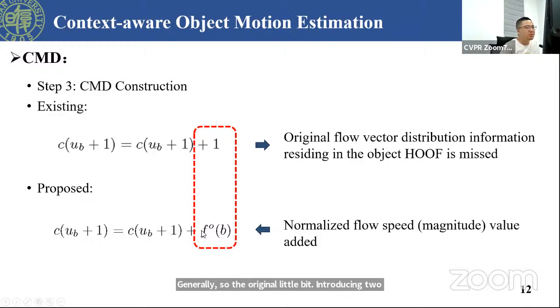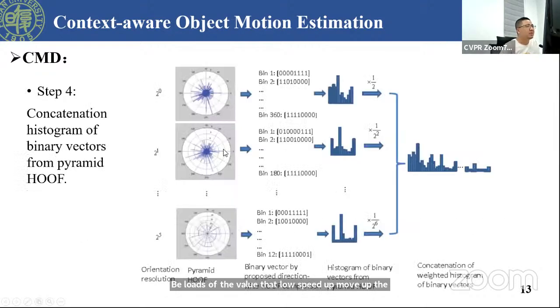But now we use the normalized flow speed value to generate the histogram, which can more accurately denote the flow speed, the flow magnitude value in this rectangle box. The last step, step 4, is the concatenation histogram of all the binary vectors from a pyramid HOF.